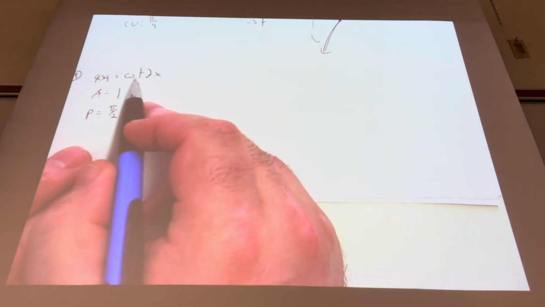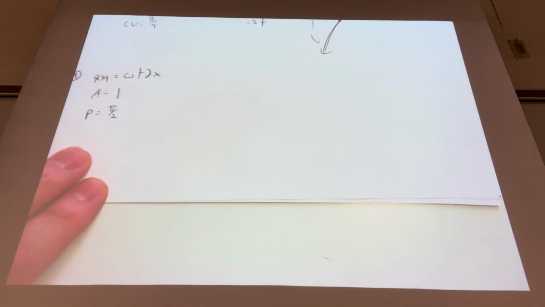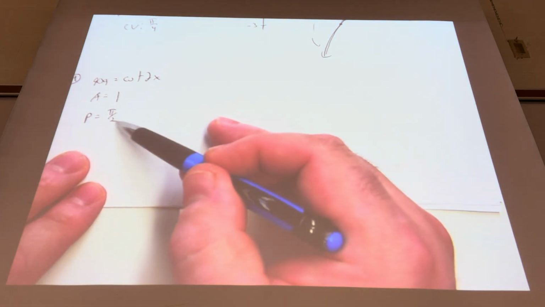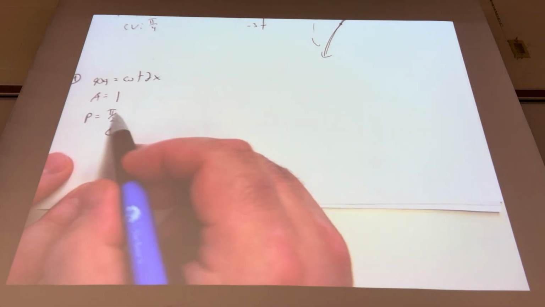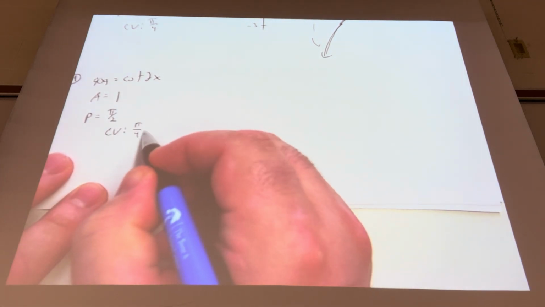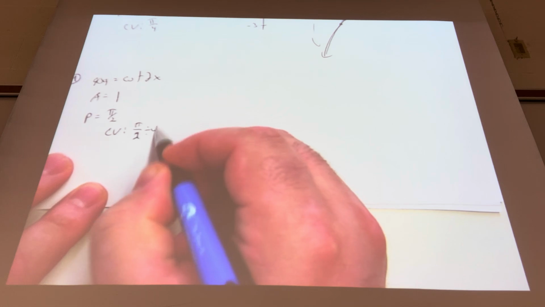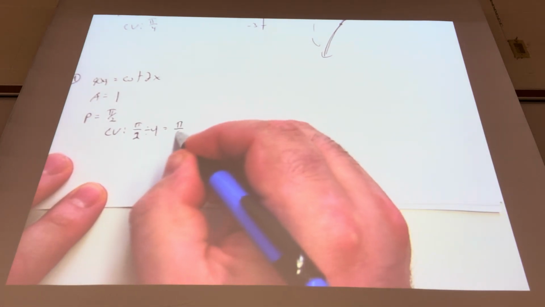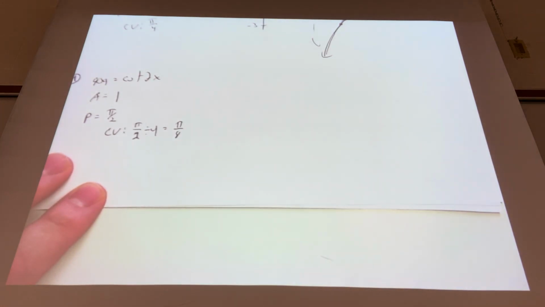Remember, cotangent goes with tangent. So pi divided by b, so b is 2 here. So what are the critical values going to be then? Take pi halves, divide it by 4. So pi eighths, or 1/8 pi.